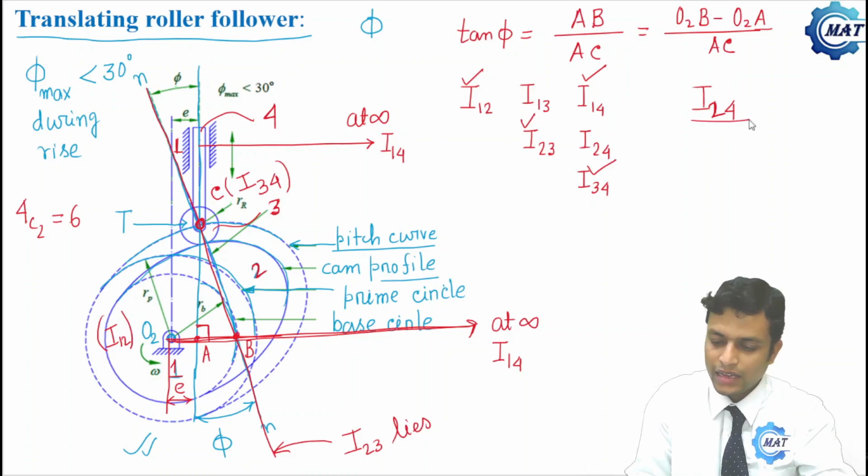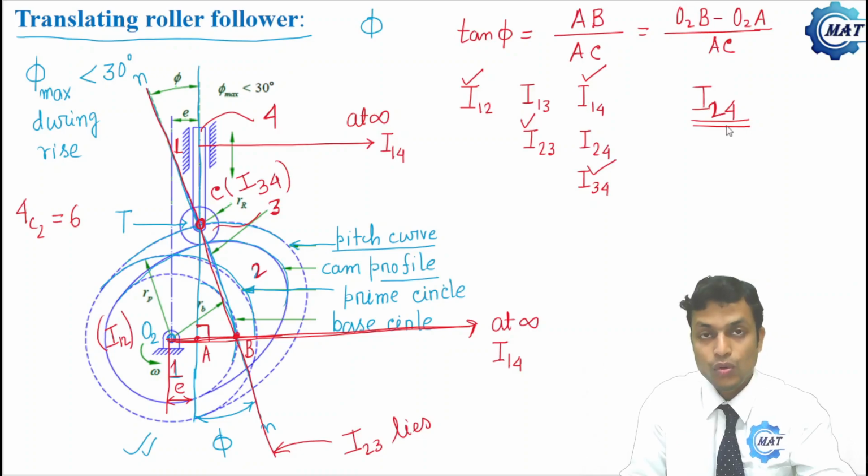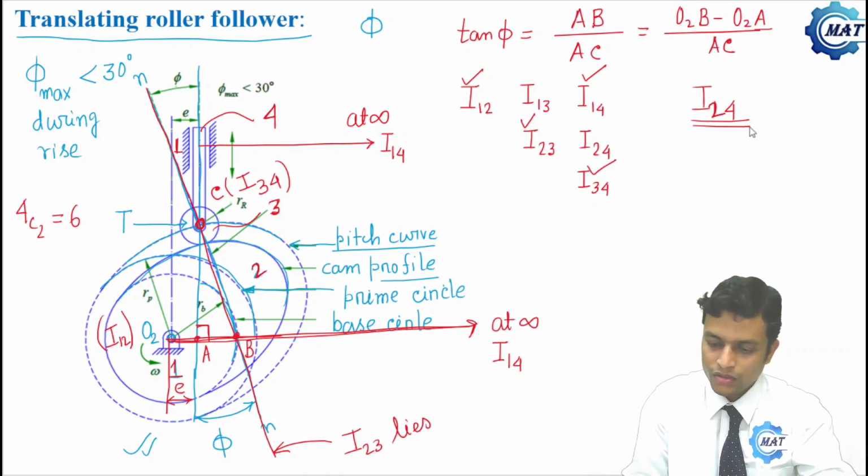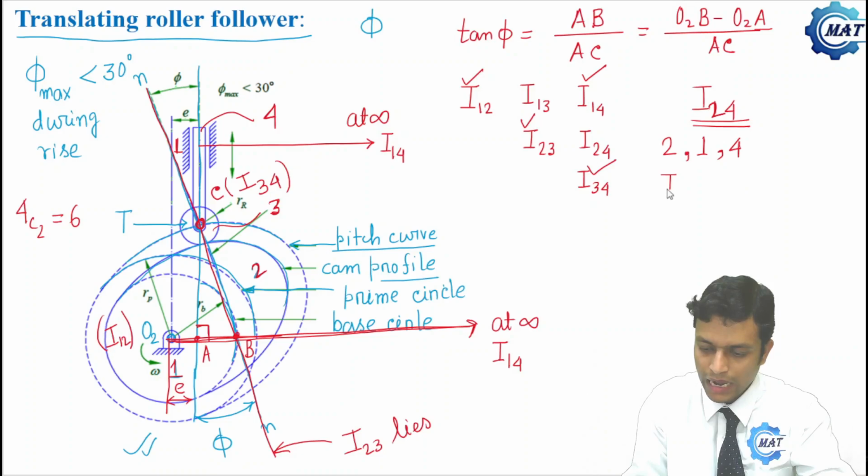So where is I24? To locate I24 we will take the help of Aronhold-Kennedy's theorem. First we will take links 1, 2 and 4.